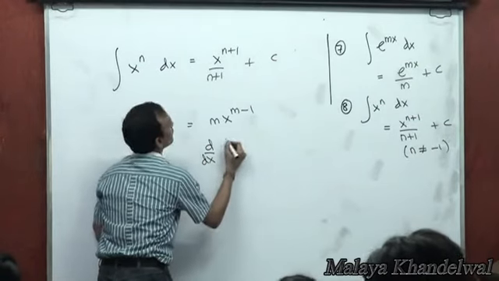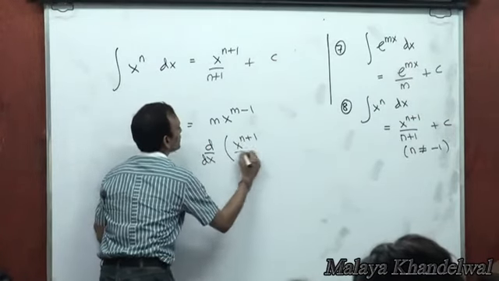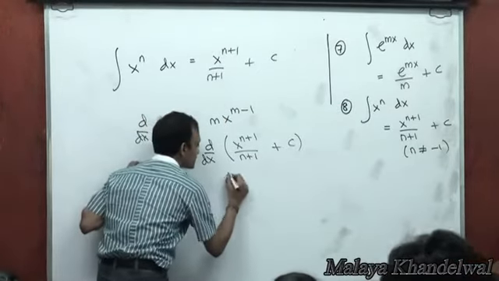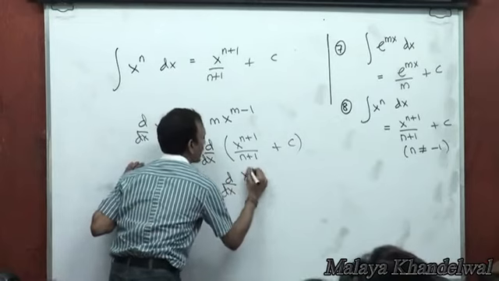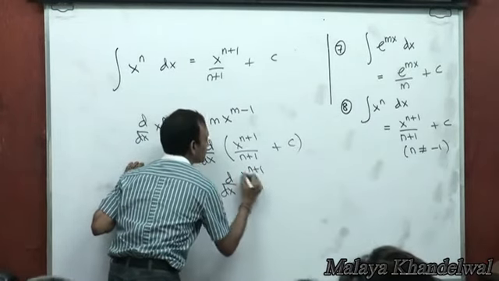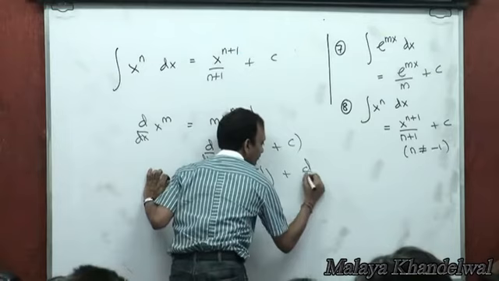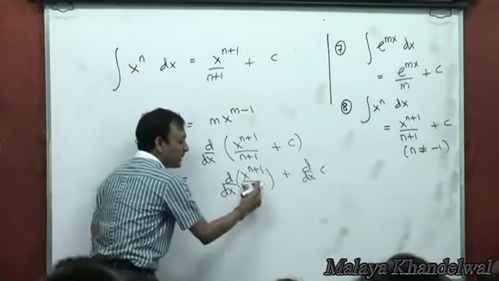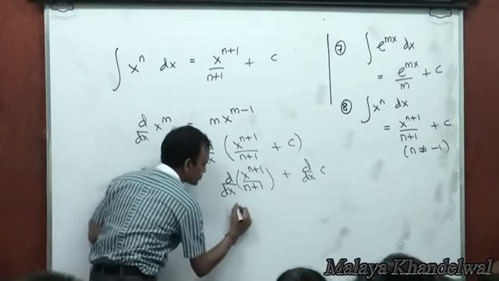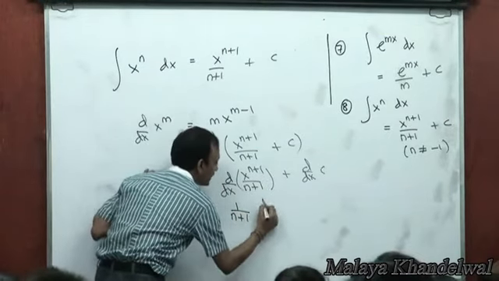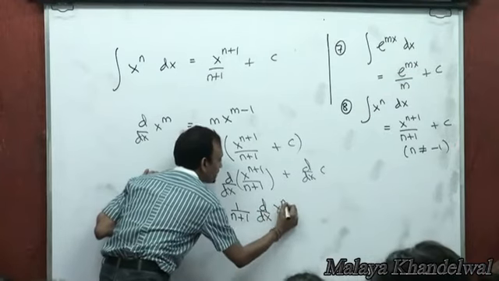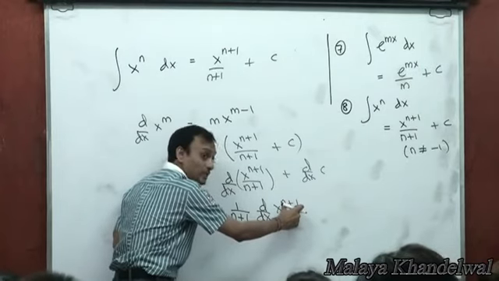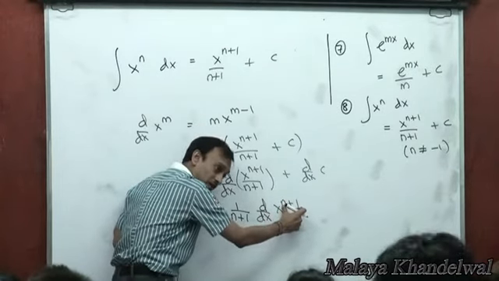Now, d/dx of x power n plus 1 by n plus 1 plus c. This is what you want to check, right? Which is d/dx of x power n plus 1 by n plus 1 plus d/dx of c. But d/dx of c is 0. Now, this 1 by n plus 1 can walk out. 1 by n plus 1 into d/dx of x power n plus 1. d/dx of x power m is m into x power m minus 1, where m here is n plus 1, right?